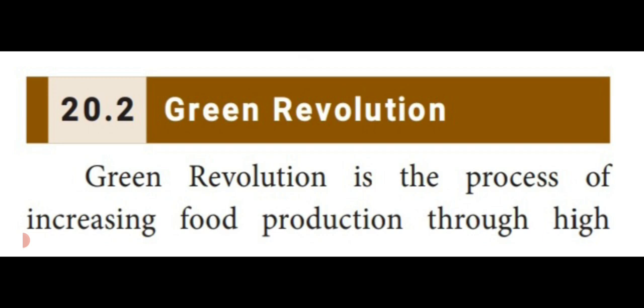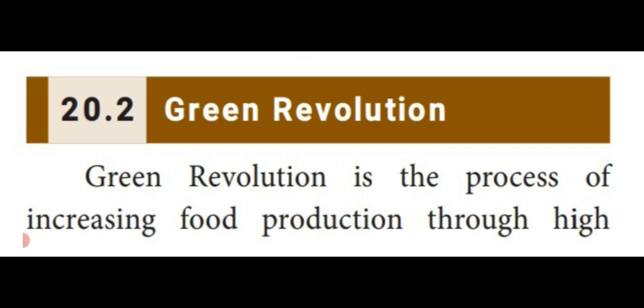Not only in our country, all over the world, we are going to increase food production by the application of modern agricultural techniques in developed countries and developing countries. So, see the definition.